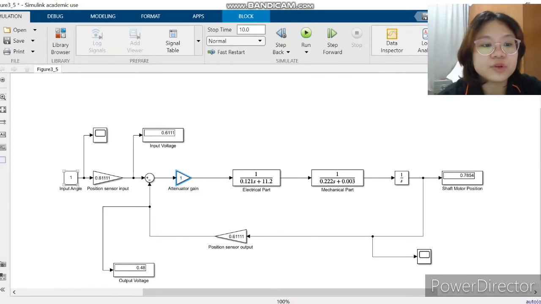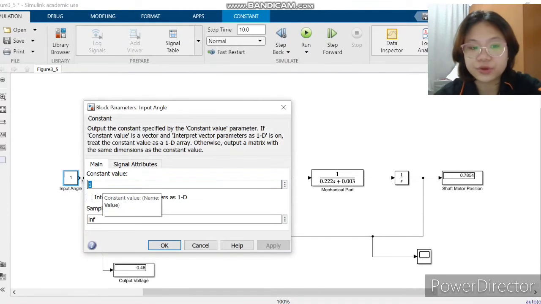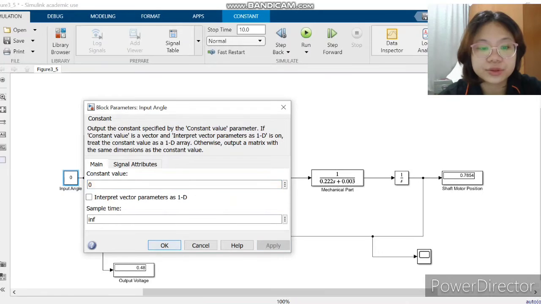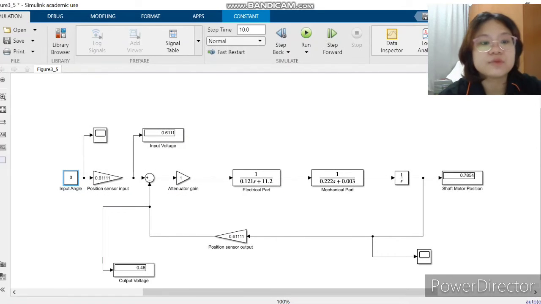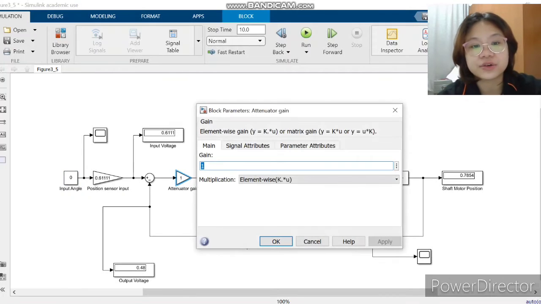And then we will set the input angle to 0, and then we will increase it from 0 till 10, and then the attenuator gain again 0.